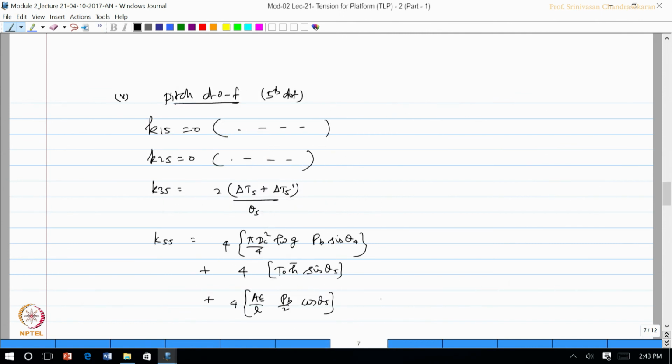So, I get k phi phi. Now, k 4 phi and k 6 phi will be 0. I think we know the reason for this. Now, I have the fifth column of the stiffness matrix derived.